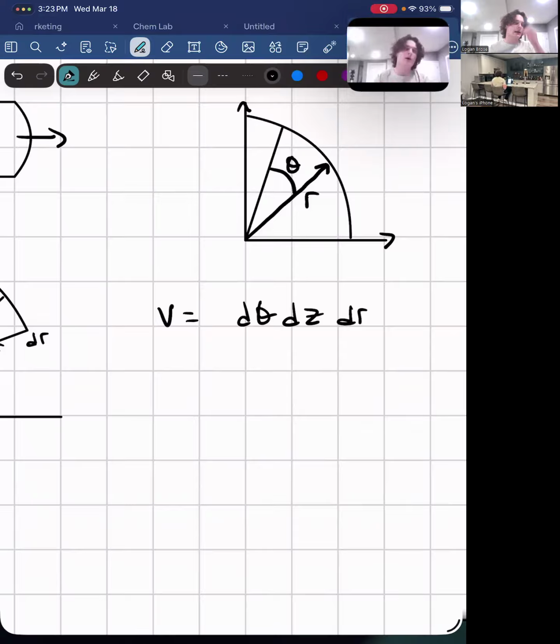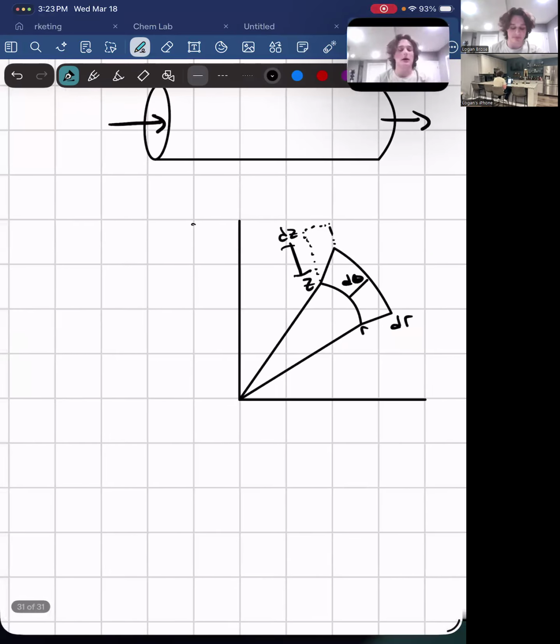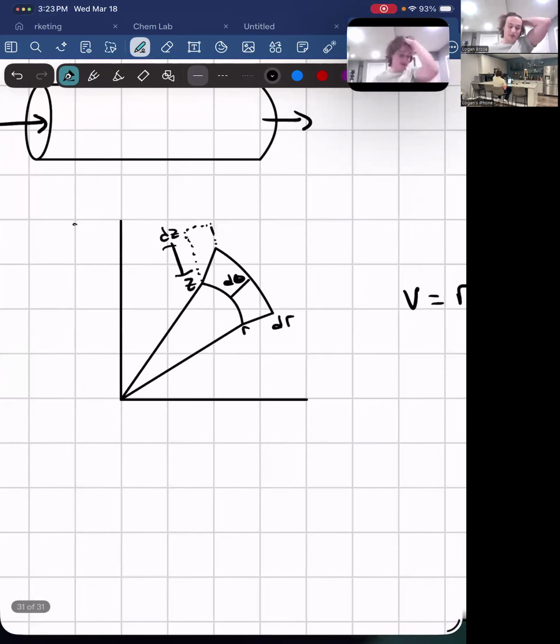So to get that to be compatible, we have to multiply by our radius again. And so when we do this, we're able to then move on like we did with the Cartesian coordinate.